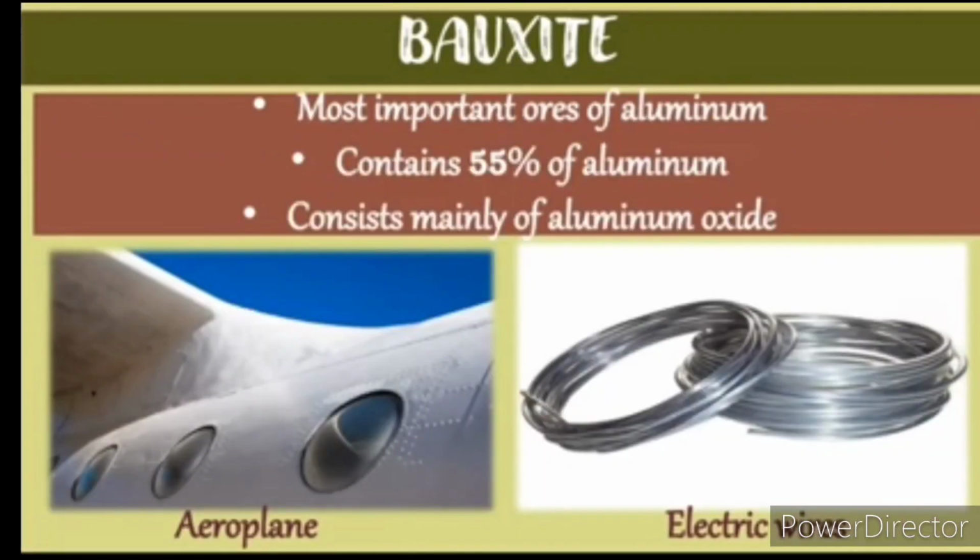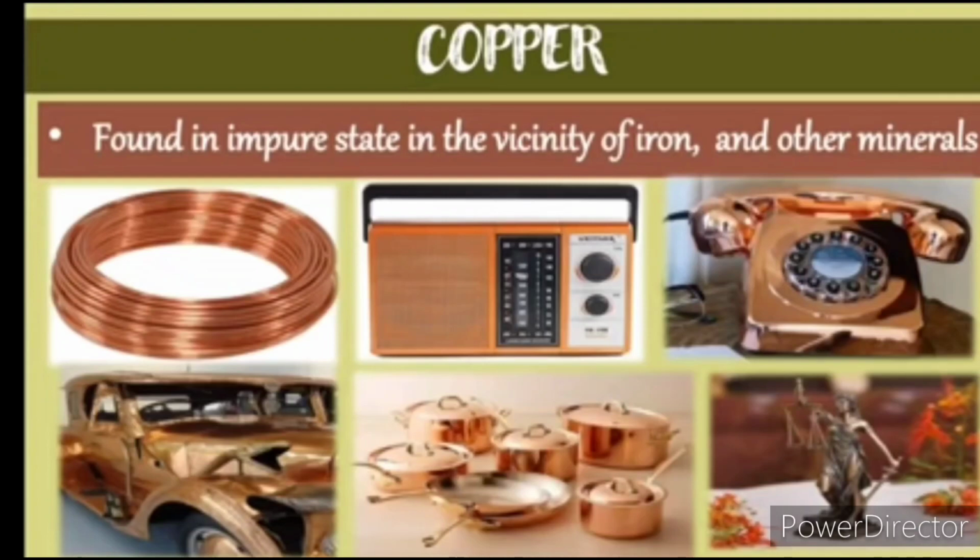Next is bauxite. Bauxite is the most important ore of aluminium. It contains 55% of aluminium. Bauxite consists mainly of aluminium oxide. Aluminium is a very good conductor of electricity.